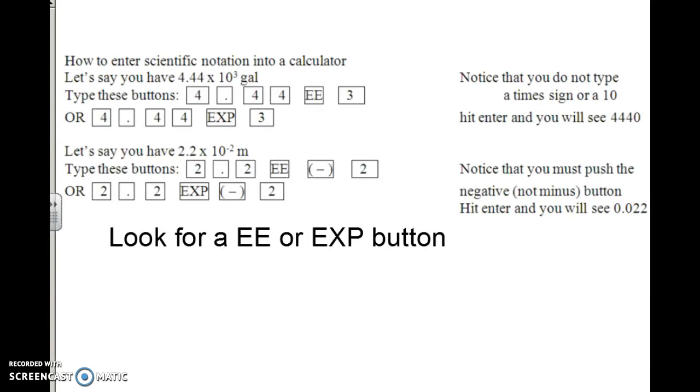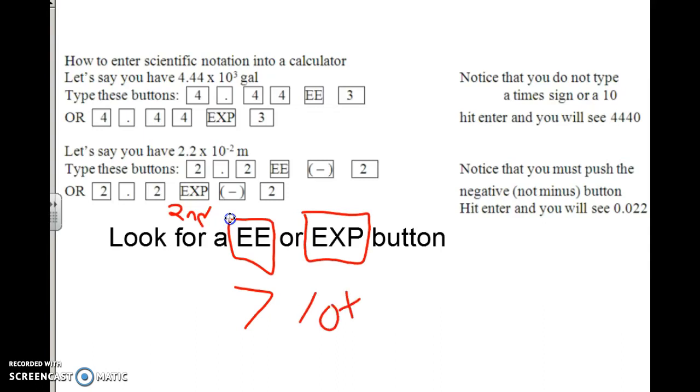Now I need to teach you how to use your calculator. So we're looking for this EE button, and most people that have Texas Instruments, that's right above the number 7. You might have to hit the second button, and then the EE button to get that function to occur. Some students have an EXP button, and some students on some Casios might actually have a 10X button that they have to hit.